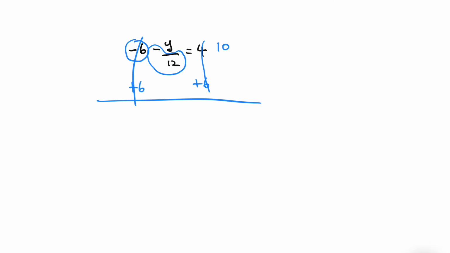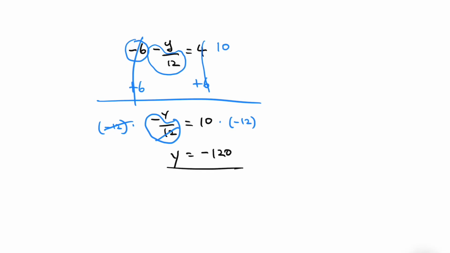That means we'll have negative y over 12 is equal to 10. We have a division of negative 12. What is the opposite of that? Multiplication of negative 12. So we're going to multiply negative 12. Multiplication and division, they cancel each other out. So we will have y is equal to negative 120. And that's how we solve it.